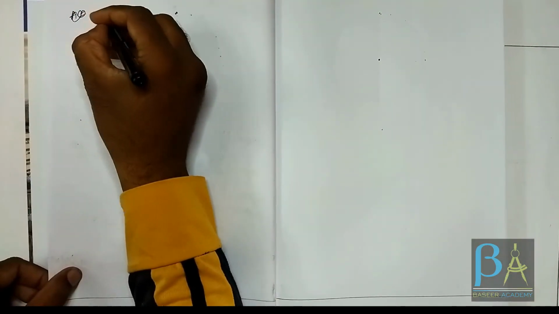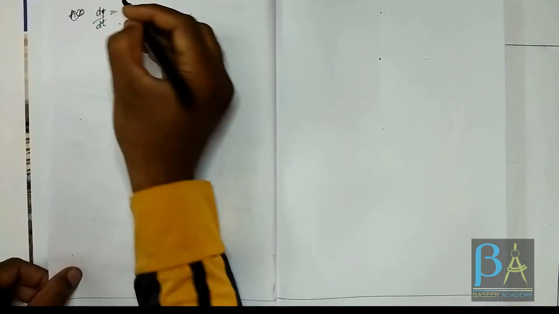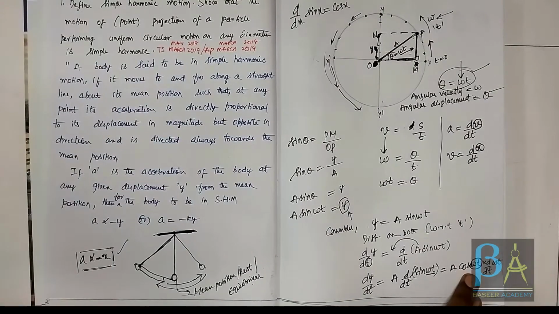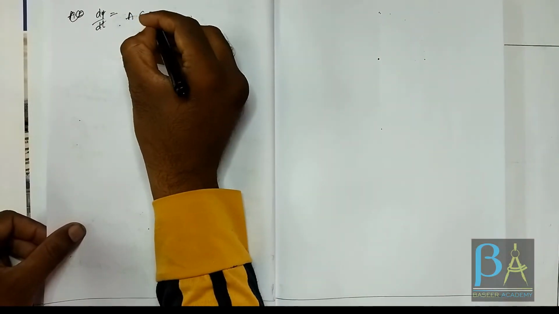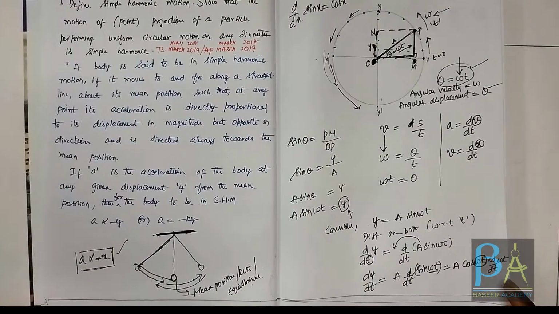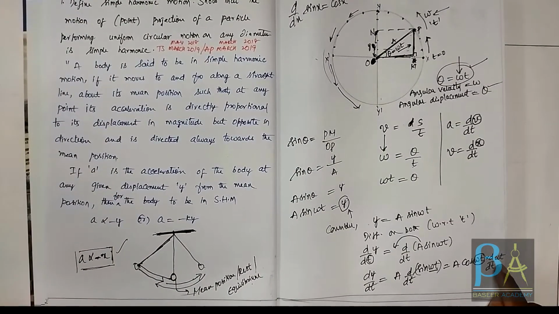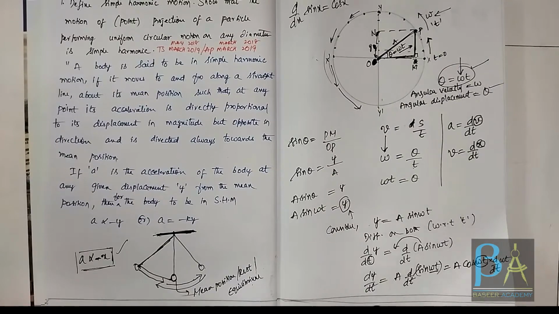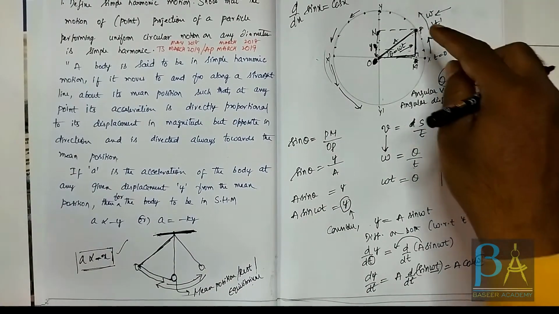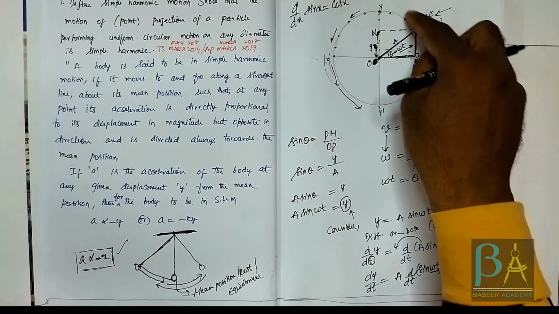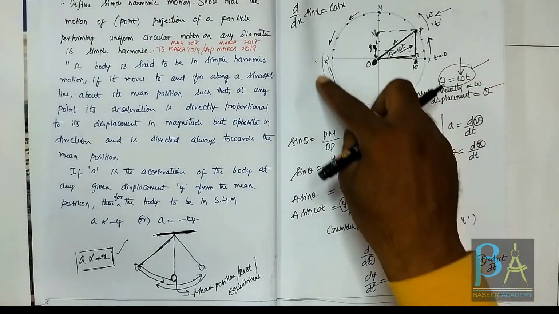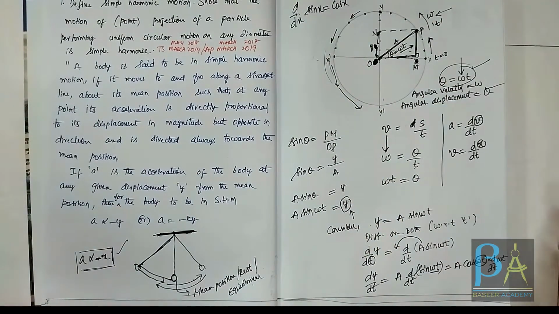Let's move on to a different page here. D by dt is equal to, what is remaining here? A cos omega t, and then I have to differentiate omega t. What is omega? Omega is angular velocity, and since the particle is moving in a uniform circular motion, the angular velocity is constant, right?